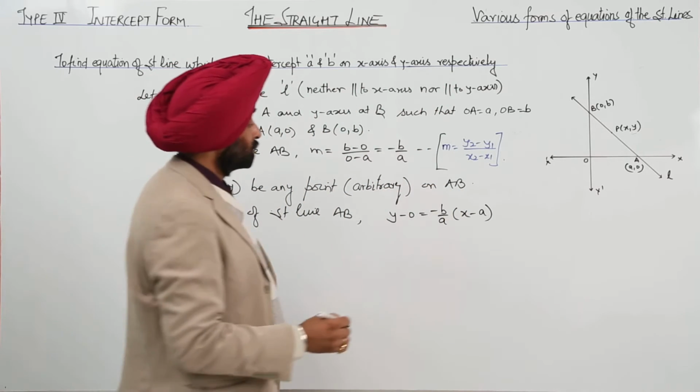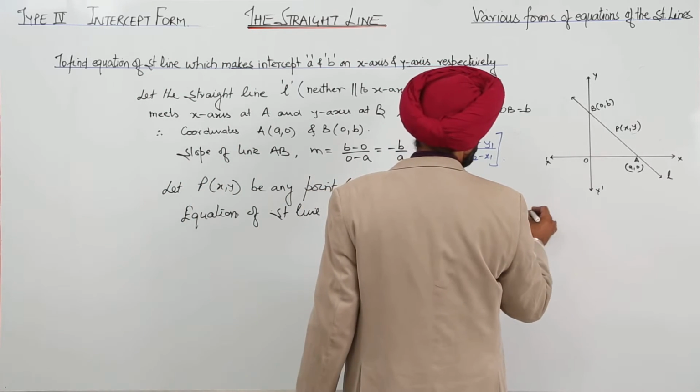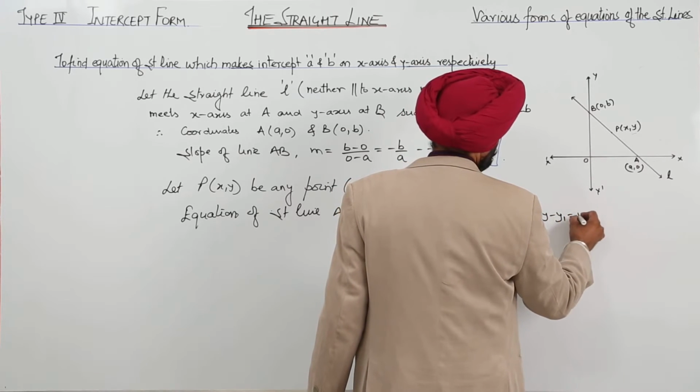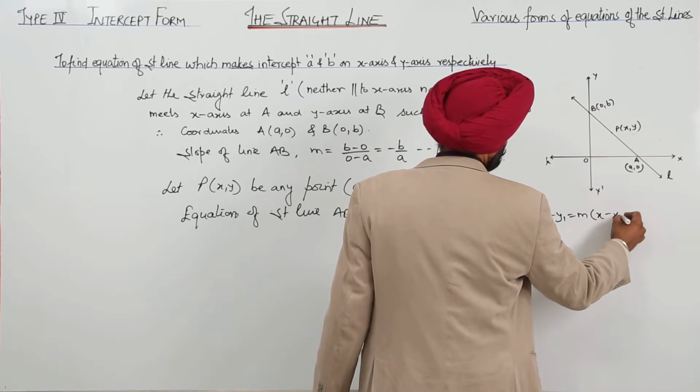So what we have used is y minus y1 is equal to m times (x minus x1).